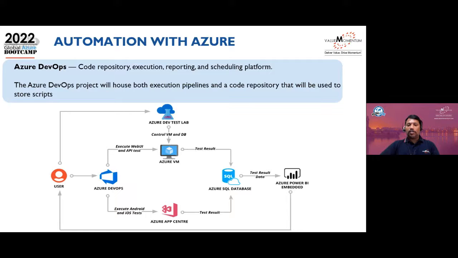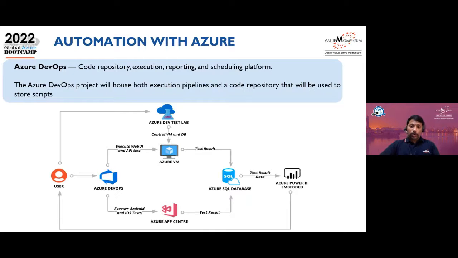After the run, the test results will be stored in the Azure SQL database. Similarly, if it is a web UI or API test, it goes this way. And if it is mobile, everyone knows how mobile is playing an important role in everyone's life.